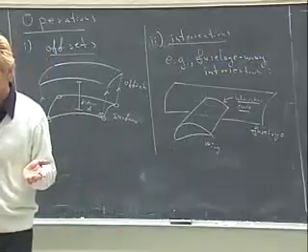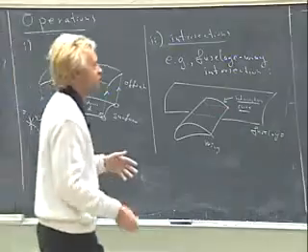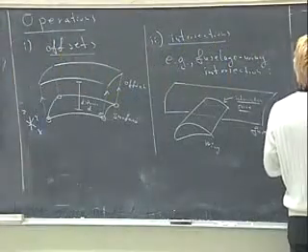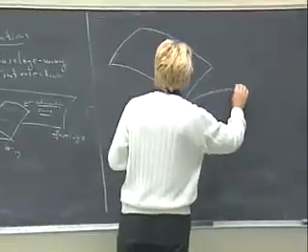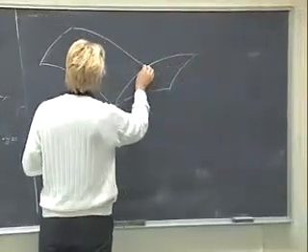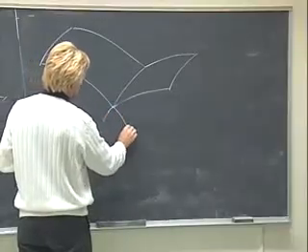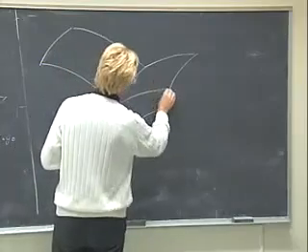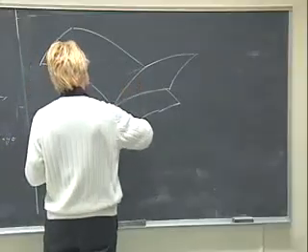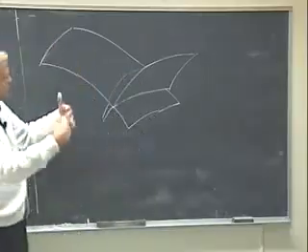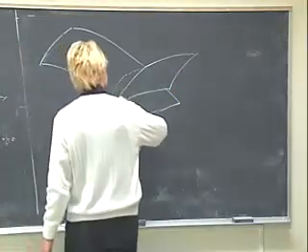How do we do that? So I give you 2 patches and they intersect, right? How do you compute the intersection quickly if I give you 2 patches? Right, so you see the 2 patches sticking to each other. How do you get the intersection curve?